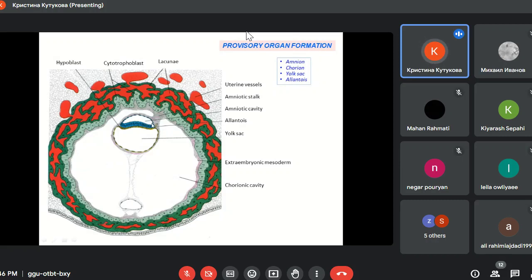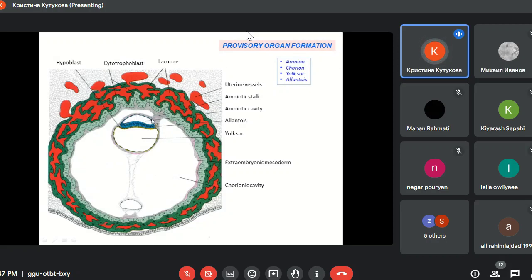So here we have the embryo. Now in this particular picture, in this stage, the embryo, the future baby, consists only of 2 layers, upper and lower. Upper is called epiblast, lower is called hypoblast, so the embryo is here. All other structures are temporary organs.